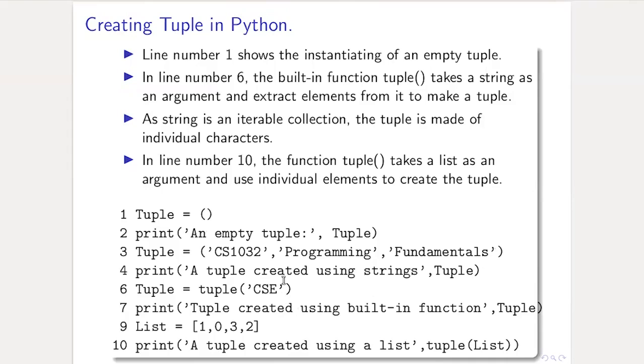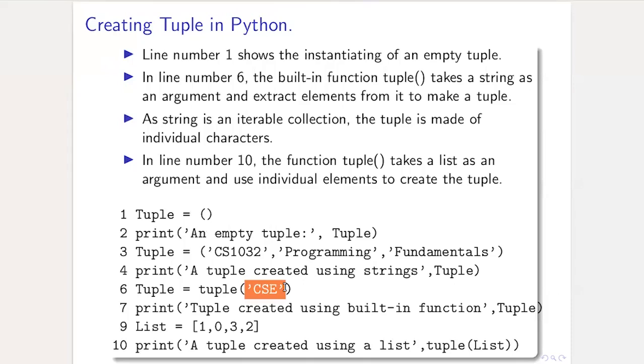We can also use the tuple function provided by Python to create a tuple where we would pass the argument. Here the argument taken by this function is a string, and from that string elements will be extracted.